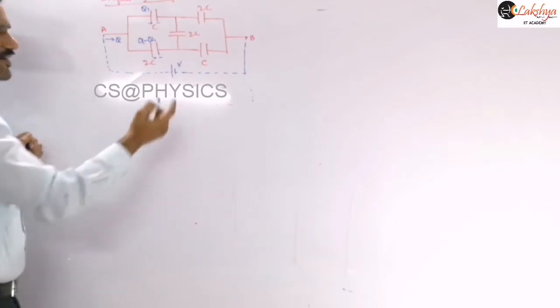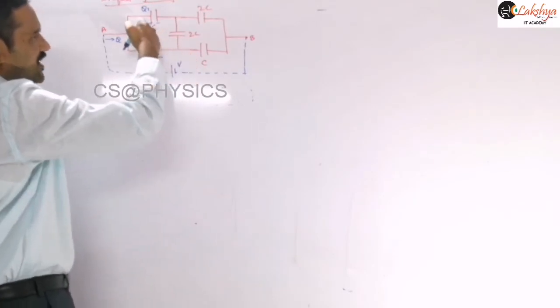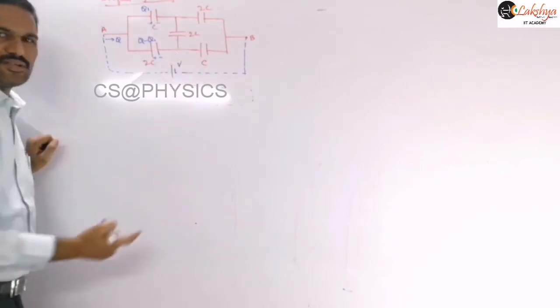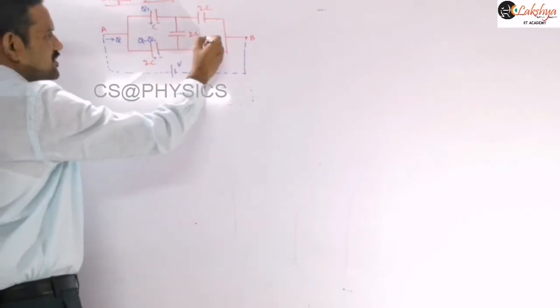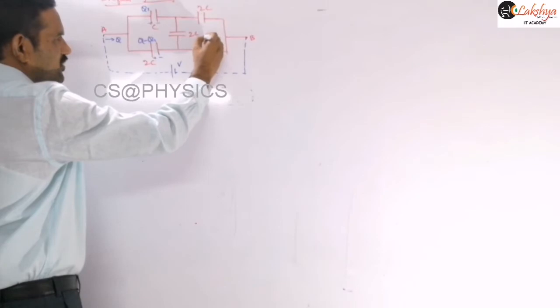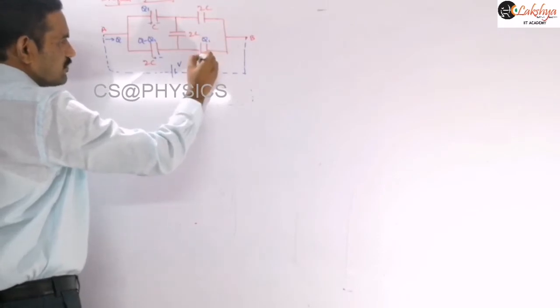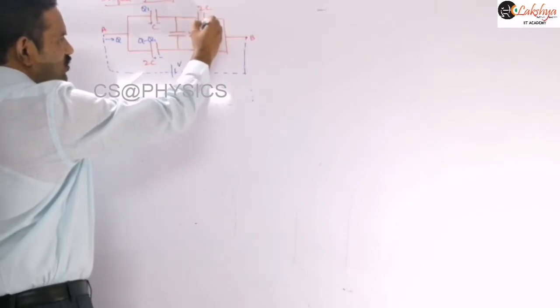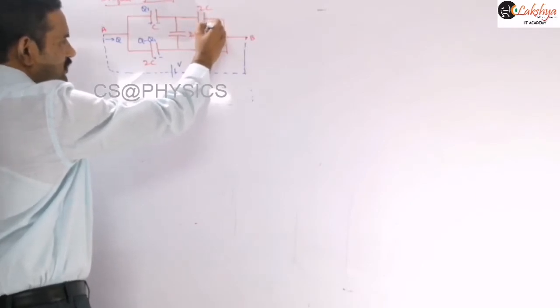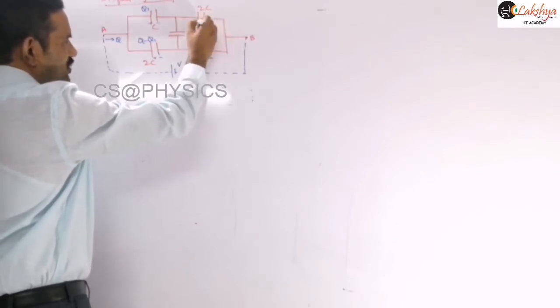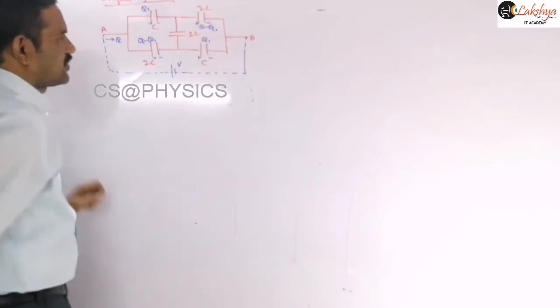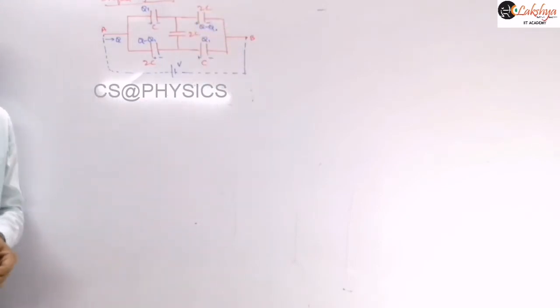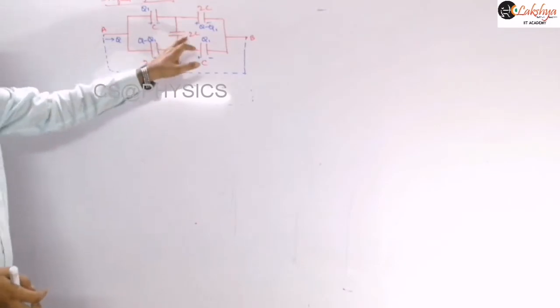Next, similarly for this, our shifted symmetry means the charge on this C and this C will be the same, so we consider plus Q1 charge will be there here. So this is plus Q1 and this is minus Q1 here, and similarly the charge on this will be Q minus Q1, so this is positive and this plate is negative, right? We need to write the charge on this capacitor here.